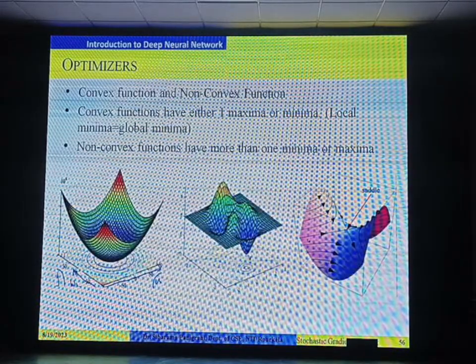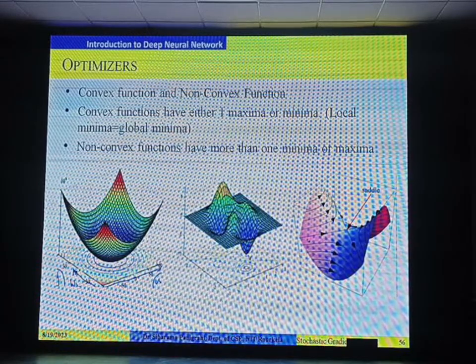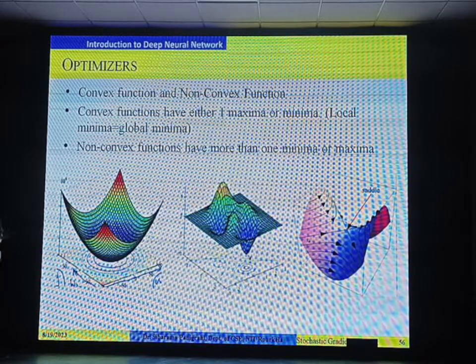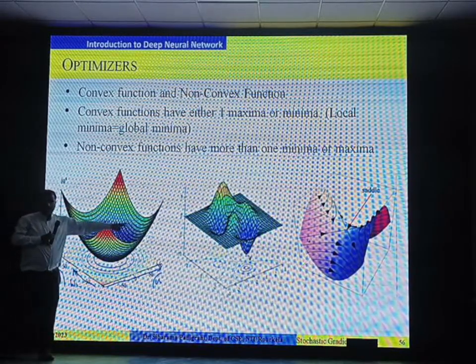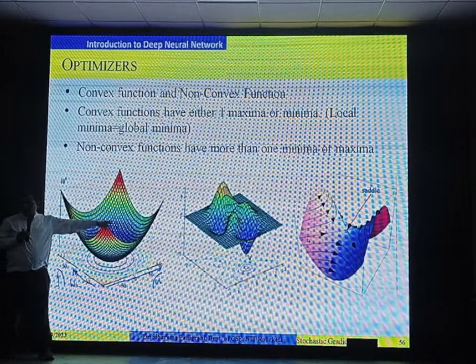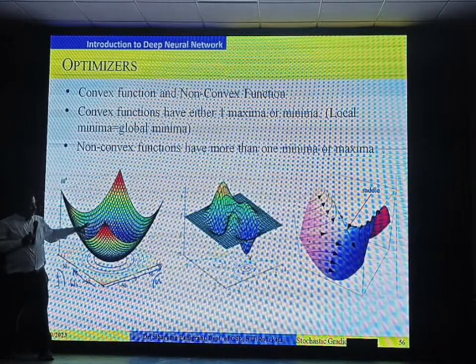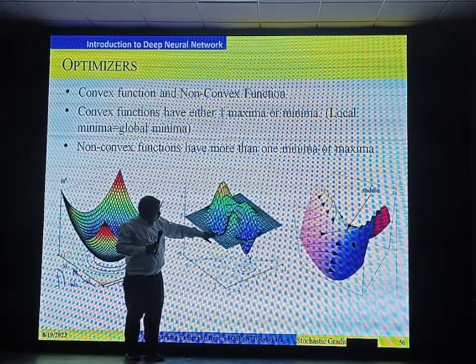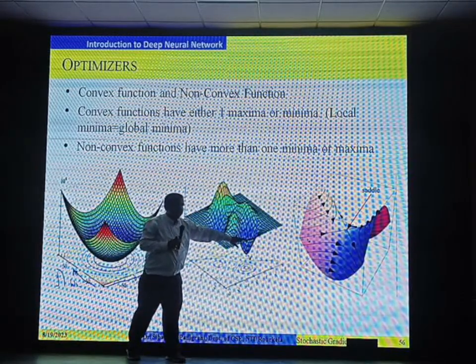Next, the error functions may be convex or non-convex. Convex means you can draw a straight line between any 2 points of the error function without going beyond the error function. But here, if I take a point from here to here, I can't join them with a single line.